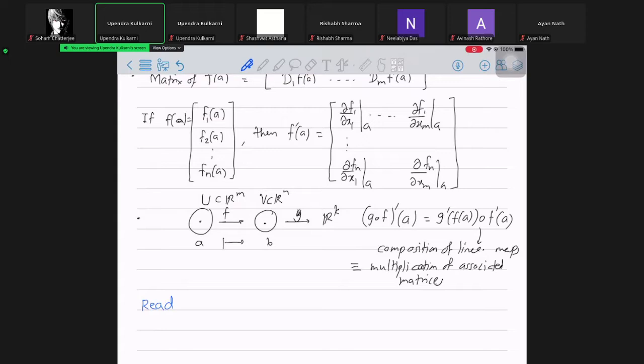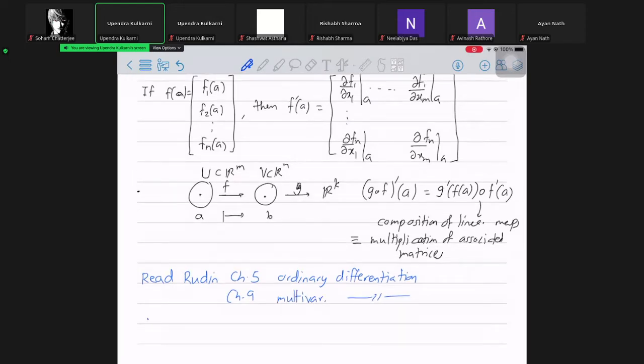It's about the same. And it's quite instructive to compare the treatment of differentiation for the one variable situation and for the multivariable situation. So I'm going to say this, read Rudin chapter 5, which is the ordinary differentiation, and chapter 9, which is multivariable differentiation.